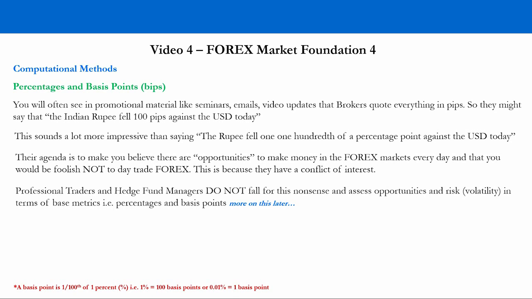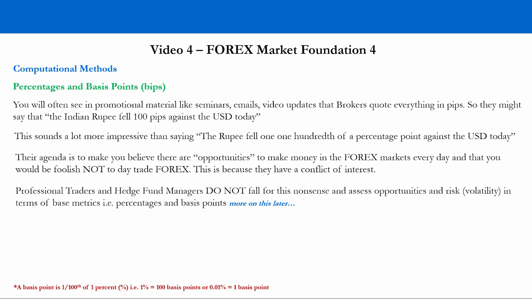This is something we're going to be using a lot later in the video series. We're going to be looking at volatility very soon and calculating everything in percentages and basis points, so we can compare currency pairs and the opportunities and risk that they present to us, all relative to each other.